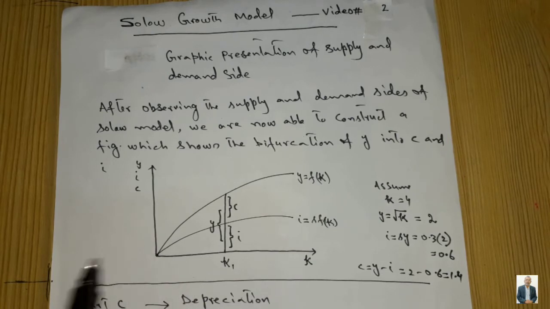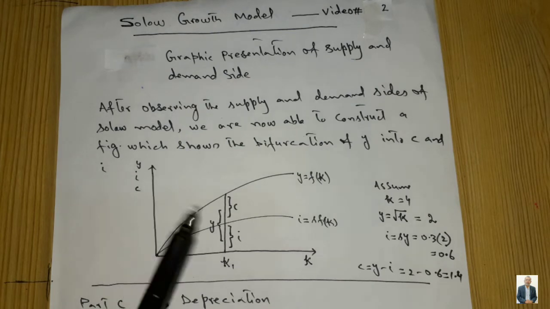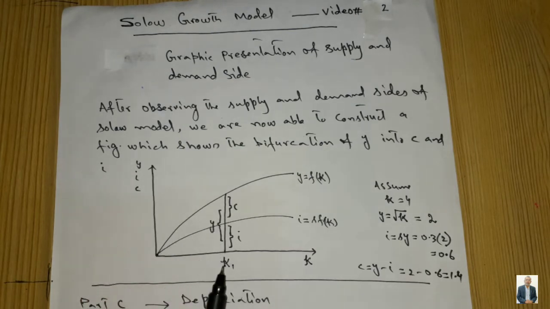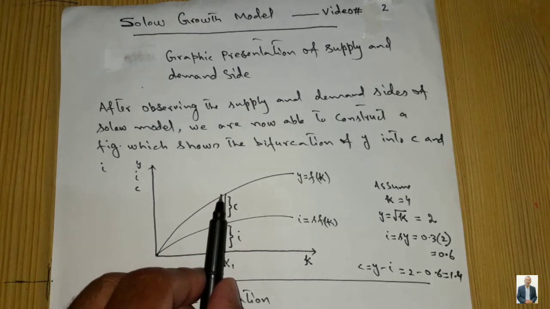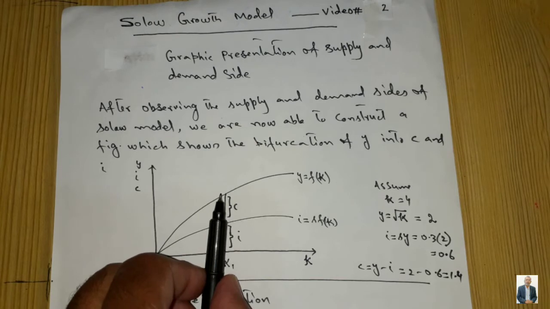So when there is this capital stock, say K1, you have the total output level from K1 to this point. I mean, this is your Y, and one part of Y is saved and invested, this is that part.